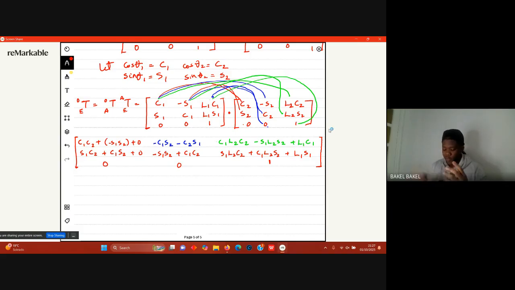And now this is where we have some little magic. If I should bring this out, this becomes cos theta 1 cos theta 2 minus sine, that will be extremely long. Let's leave it as it is.